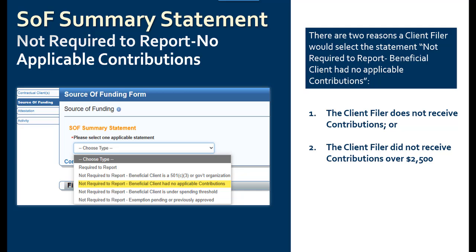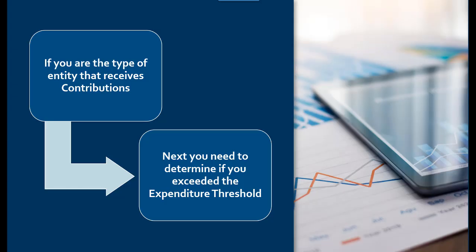Note, we mentioned the second reason here since it applies, but before you determine whether you received contributions over $2,500, you should first determine if you exceeded the expenditure threshold, because if you didn't, you don't have to disclose your sources of funding, and there is no point in checking the amount of contributions you received from sources. So if you are the type of entity that receives contributions, then you should proceed down the road and next determine if you exceeded the expenditure threshold.